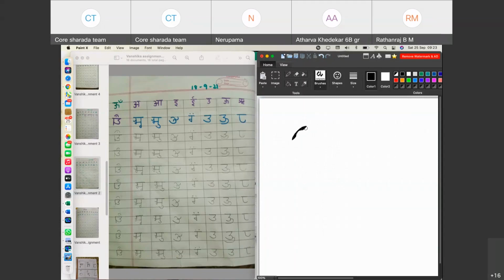Just make it like an inverted S like this. And here the two curves are connecting. You don't have to do that. You have to make the bottom curve separately. It doesn't have to connect to the upper curve. Just make it slow like this, one on top of each other. So this is your Laghu E.